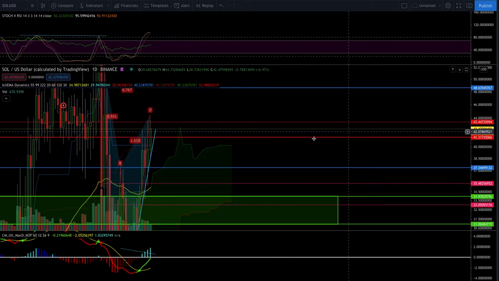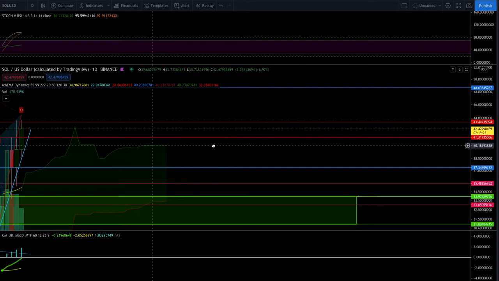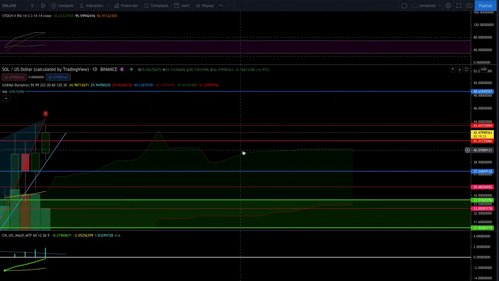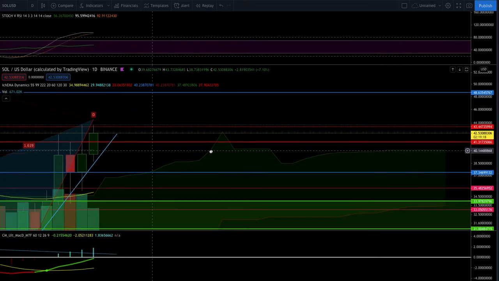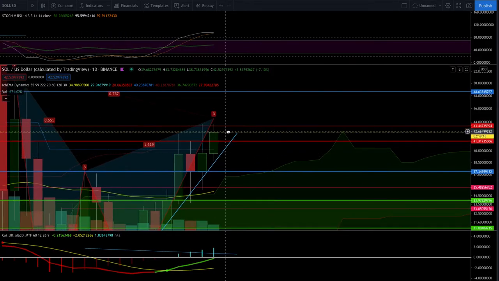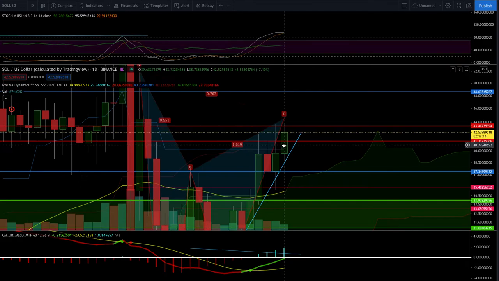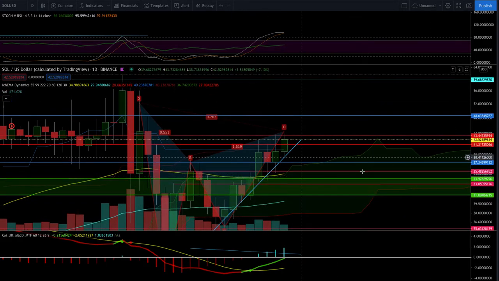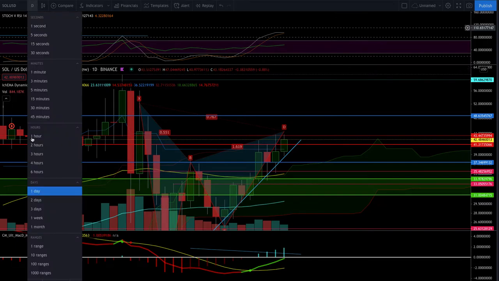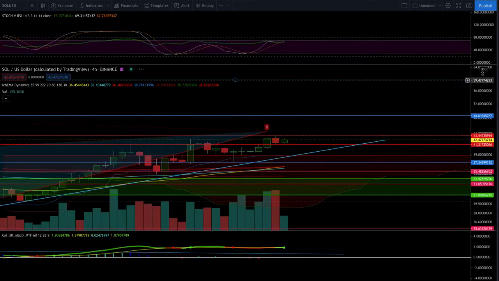We want to see today where we're going to end on the daily time frame. Right now we're looking rather okay, but one thing we are showing is that we're getting rejected in this area. And BTC price action not helping, and this bearish pattern. So just be prepared if you're trading.